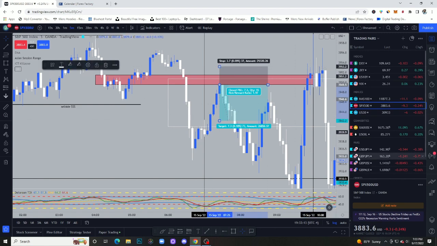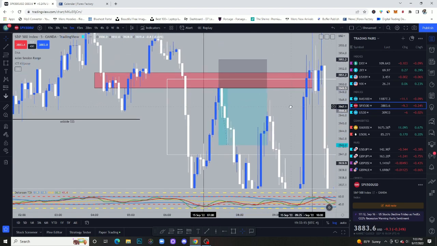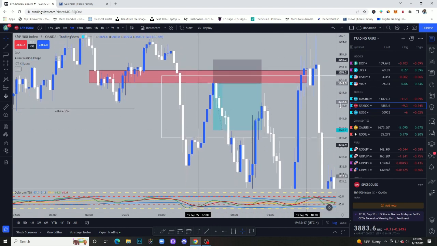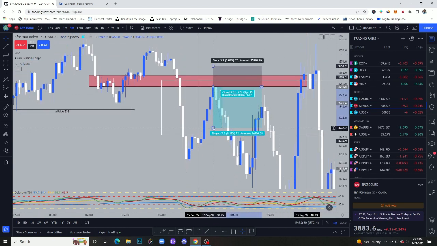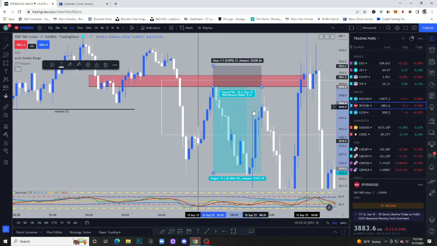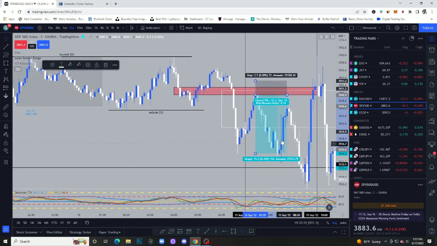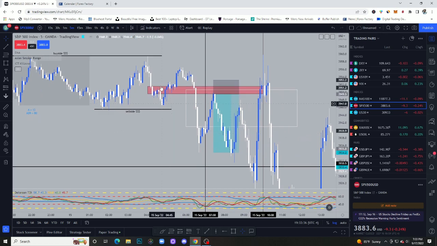Basically my target is the low. You can either target the close of the candles here, or you can target the actual wick, the actual low. Right here you get a 1 to 4. There's the reward ratio.